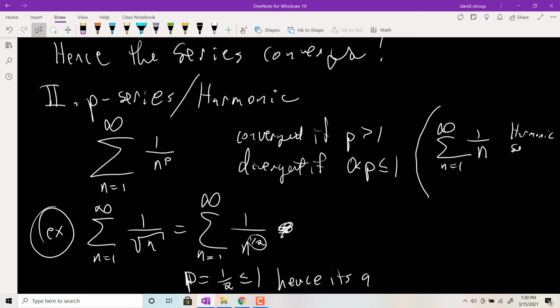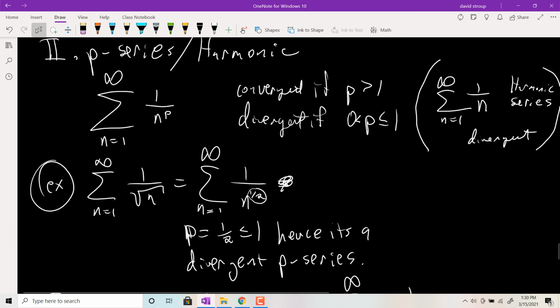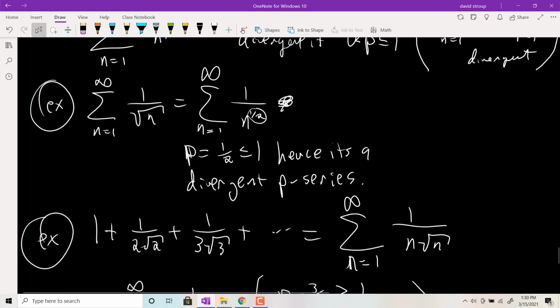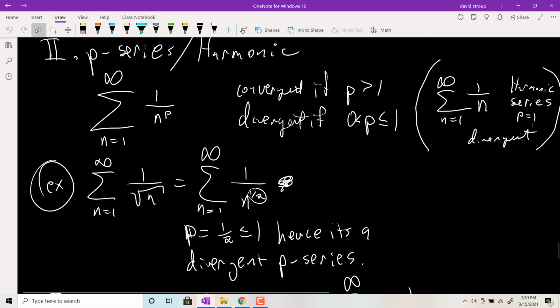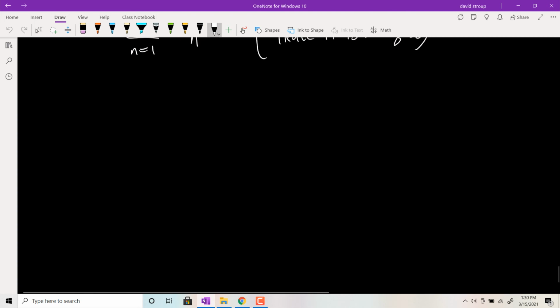It's a very special series, and this one is divergent. Harmonic series, that's where p equals 1. Okay, so the point is you can use the integral test in order to prove the above criteria for convergence and divergence.